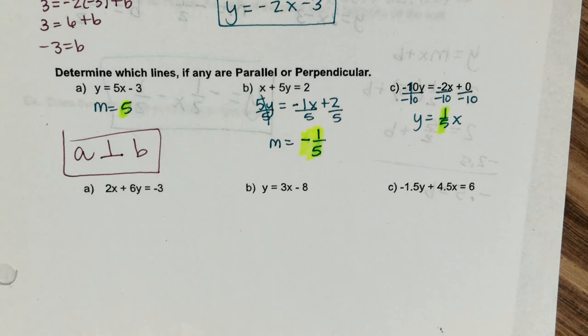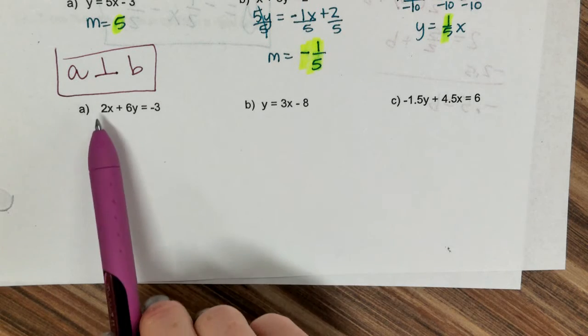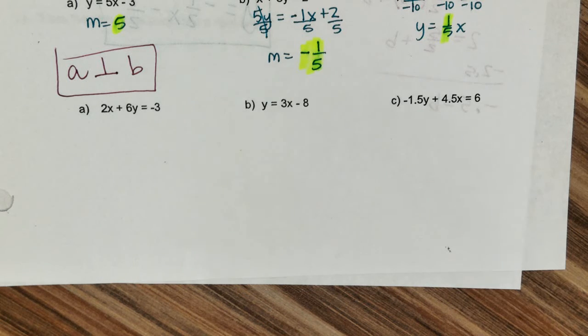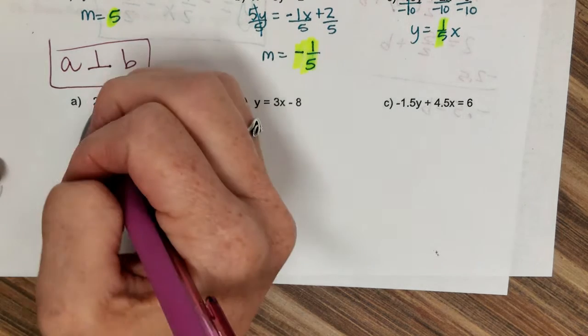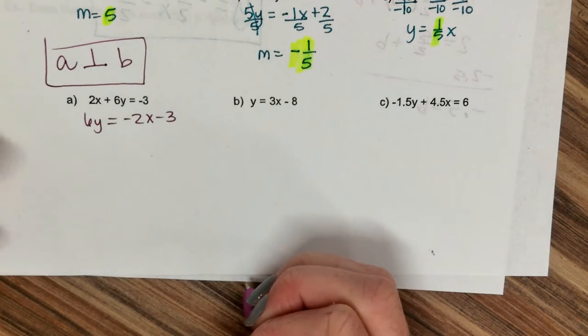All right, let's do one more. Again, I'm going to see which ones are parallel or perpendicular for these three equations. Before I can do that, the first thing I have to identify is their slope. All right, so I'm going to move the 2x to the right by subtraction. So I have 6y equals -2x minus 3.